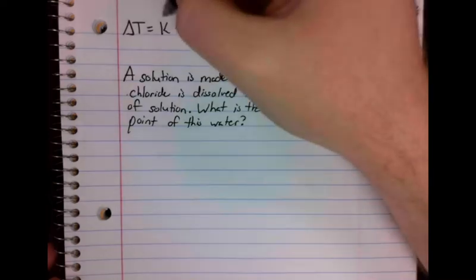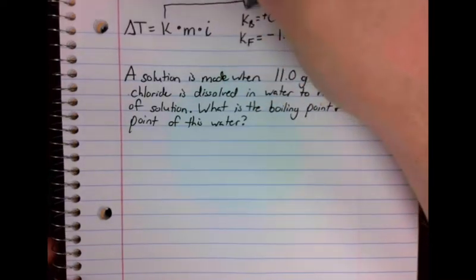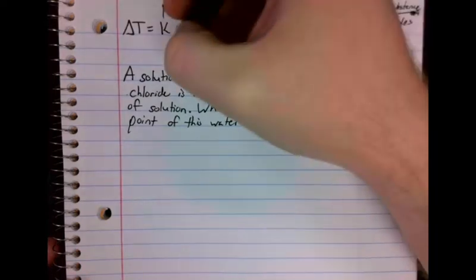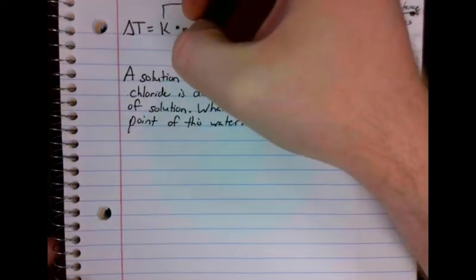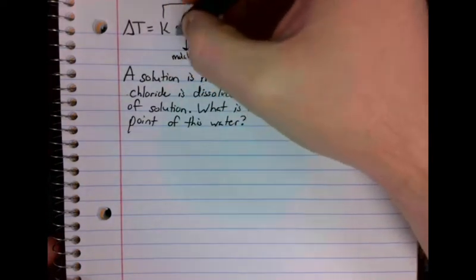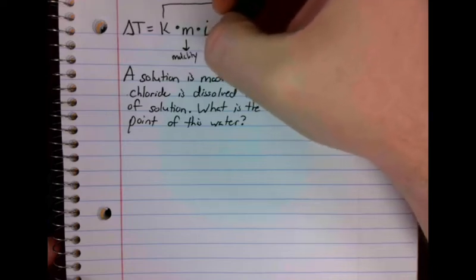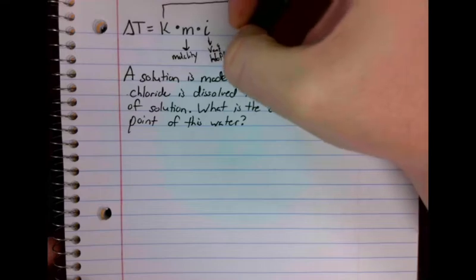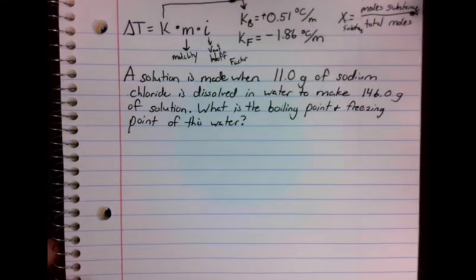Again, K is a constant based on the freezing or the boiling point. M is based on the molality. And then i is the Van't Hoff factor. And then I've got my KB and my KF for water over here.